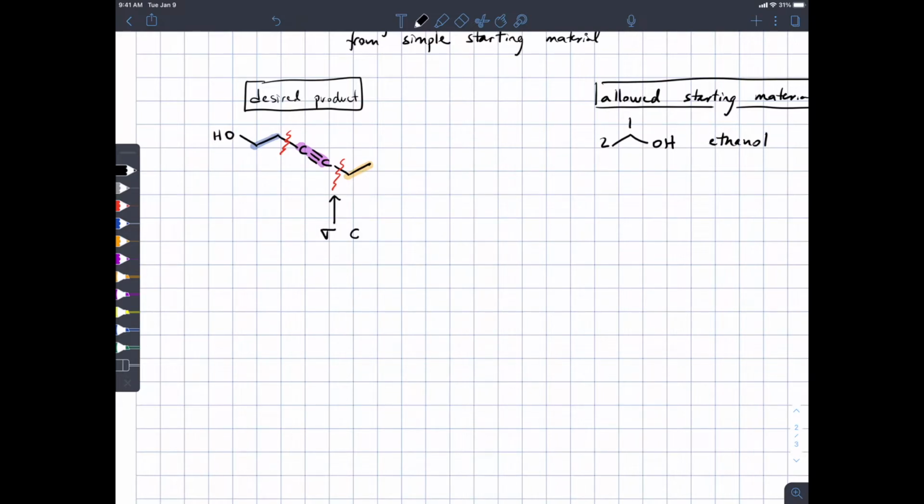It's between 2 carbons, one of which is sp hybridized and the other is sp3 hybridized. So now I need to think, do I know of a reaction that gives me that kind of bond as the product?